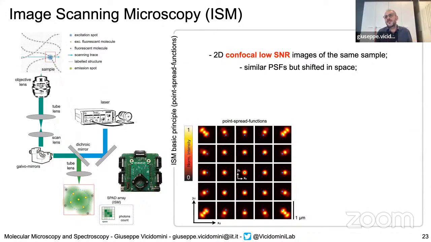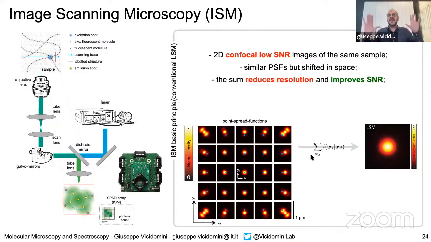They differ with respect to each other in terms of the point-spread function. Particularly the point-spread functions, especially the one in the center associated to the center element, are very similar, but simply shifted in space. So what does this mean? That every image is almost identical, with different signal-to-noise ratio, but shifted with respect to each other.